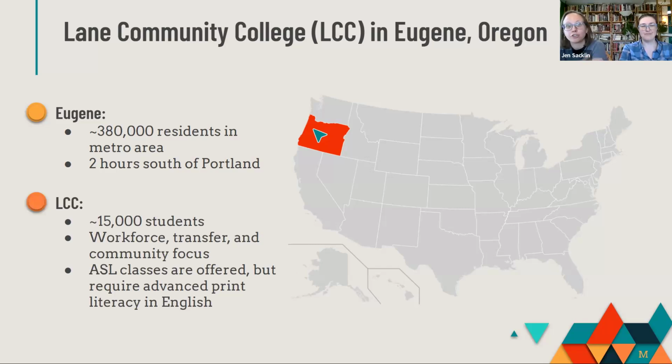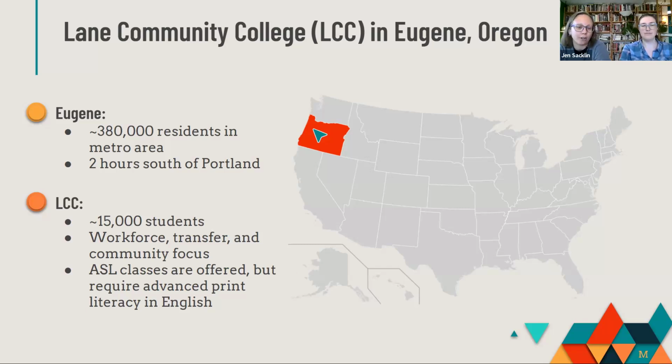LCC is a community college. Community colleges actually house all adult education in the state of Oregon. We do not have adult high schools. Our community college has roughly 15,000 students, and these are workforce students, students who intend to transfer, or students who are taking classes with more of a community-minded focus.